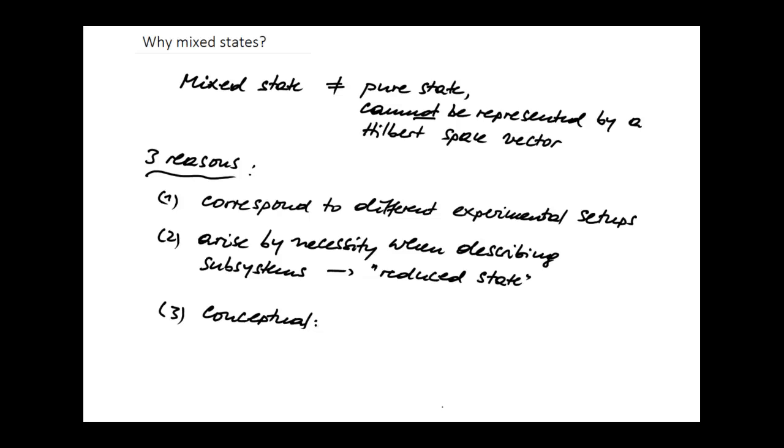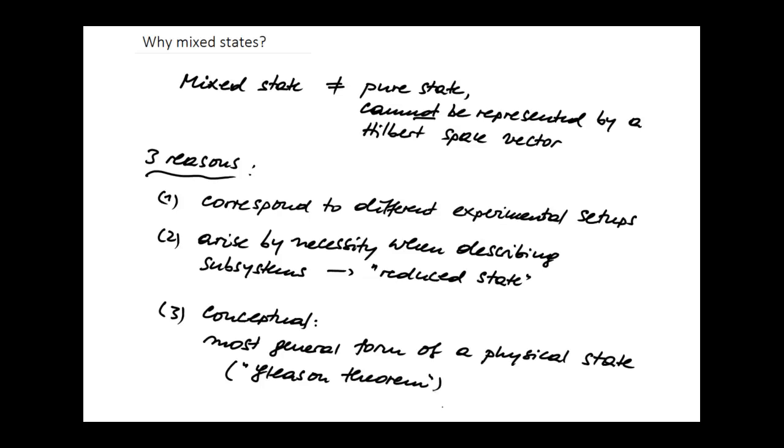And you can wonder what's the most general form of a state that satisfies these basic requirements. And that turns out to include mixed states. So this comes from the most general form of a physical state. The mathematical theorem that's behind that is Gleason's theorem.